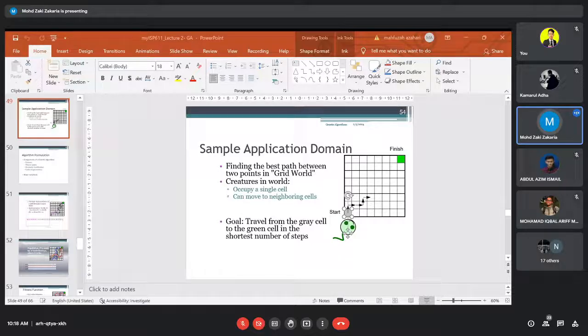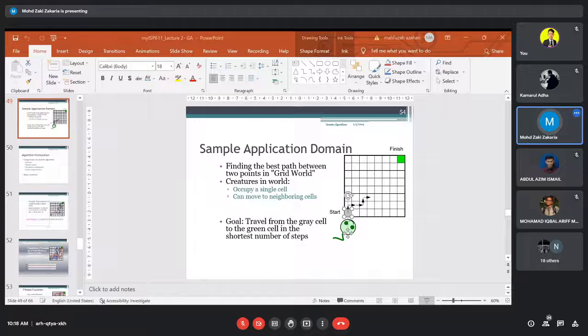This is our goal. So the main goal is to reduce the movement of this arrow. Okay, the movement.